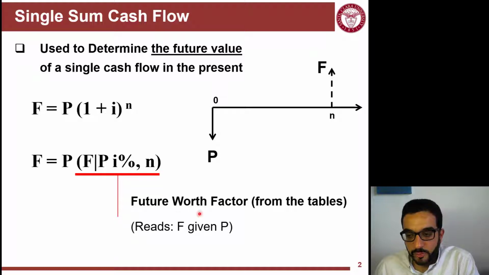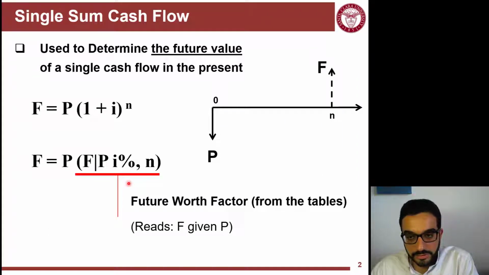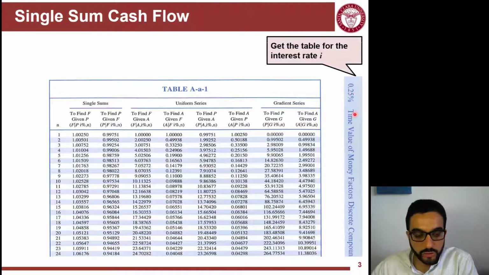And it's called future worth factor, and we bring it from tables. So from this video on, we'll see a lot of table pages, but they all look the same. So you need to first know every page has an interest rate value. So this page here has a 0.25% interest rate.